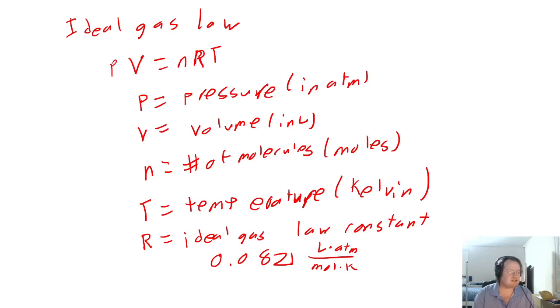So now, let's look at what we can do with our handy-dandy ideal gas law. So let's say we've got some material that we know about. Suppose that we're going to have Dr. Slattery. I like working with him. He's going to have some gas in his lab.